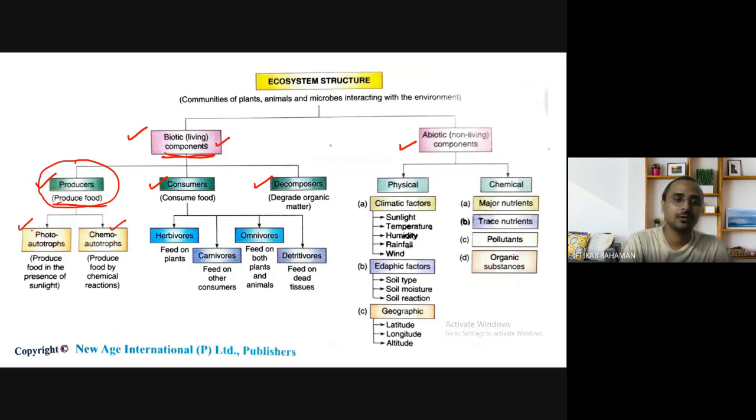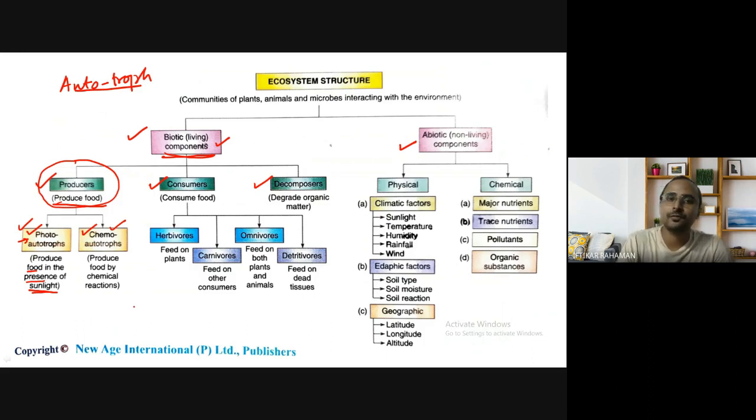One is photoautotroph, another one is chemoautotroph. This term autotroph means self-sufficient, or we can say they can produce their own food. So photoautotrophs produce food in the presence of sunlight. We know that in order to produce food, plants require sunlight.